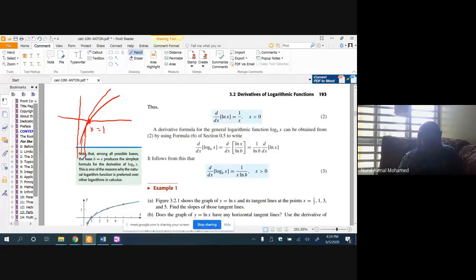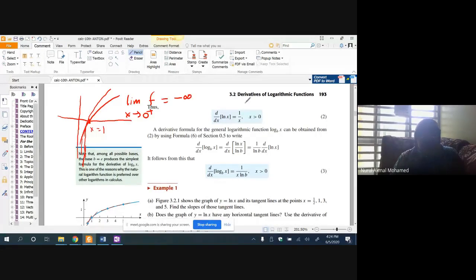So this is how the logarithmic functions look like. As x tends to 0 from the right hand side, I'm talking about from the right hand side because there's nothing from the left hand side here, then the function will tend to negative infinity. So the limit of f as x tends to 0 from the right hand side is equal to negative infinity.